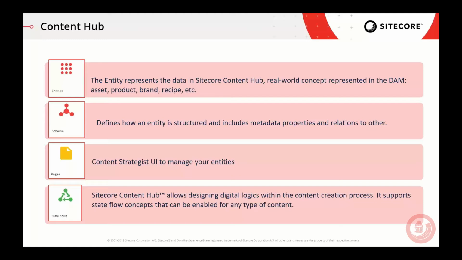Then state flows. Sitecore Content Hub allows designing digital logic within the content creation process. It supports state flow concepts that can be enabled for any content type. When I say state flow, each state in a state flow is a step in the life cycle of that content.